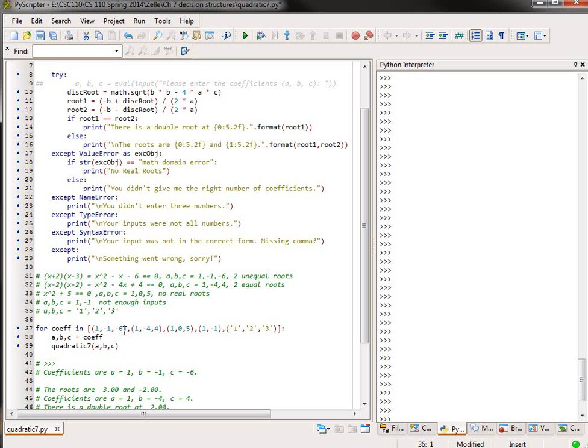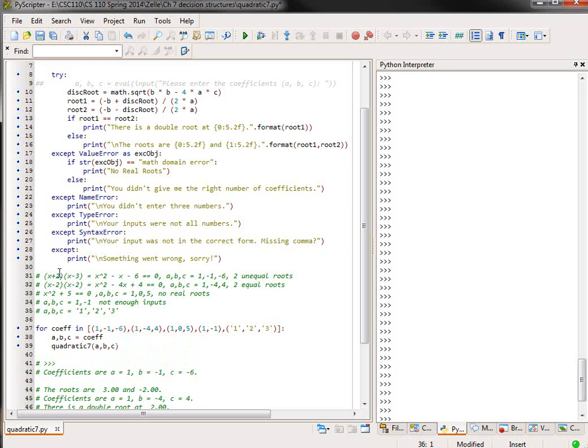Tuples are these objects that are in parentheses, and so the first time through the loop, coefficient is 1, minus 1, minus 6, and that gets assigned with the simultaneous assignment statement: a gets 1, b gets minus 1, and c gets minus 6.